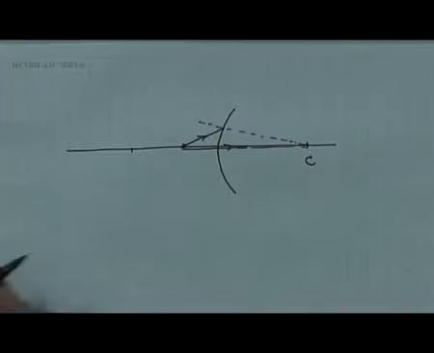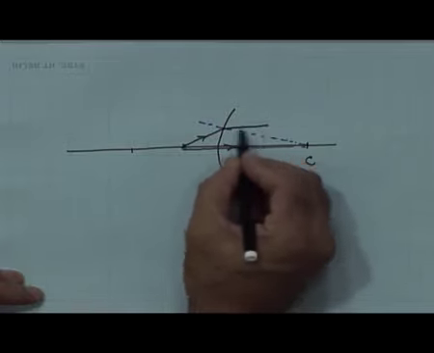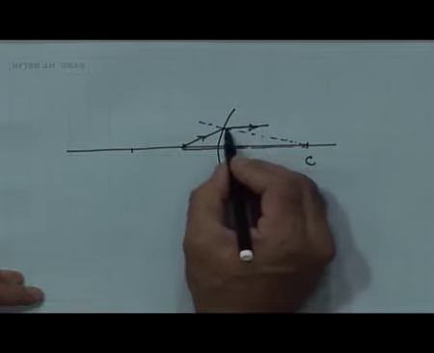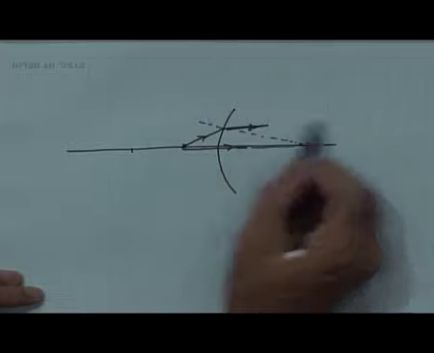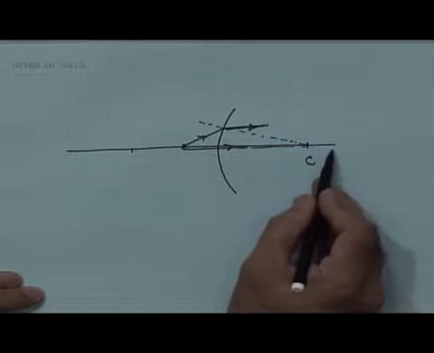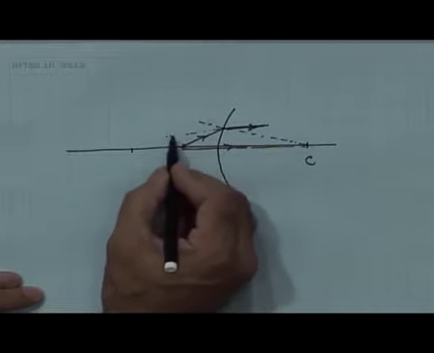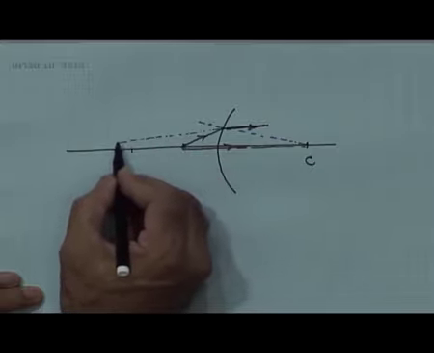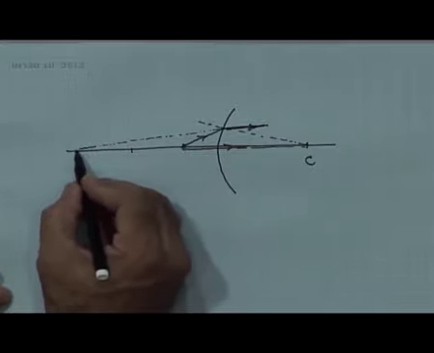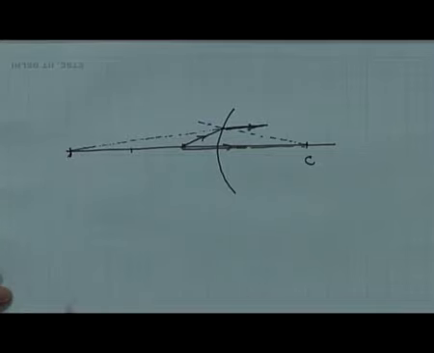So, the ray will refract. The ray refracts and bends towards the normal. However, in this case it is still diverging, it is not coming to intersect with this ray, which means it appears to come from a point which is just extending this back to a point somewhere here.